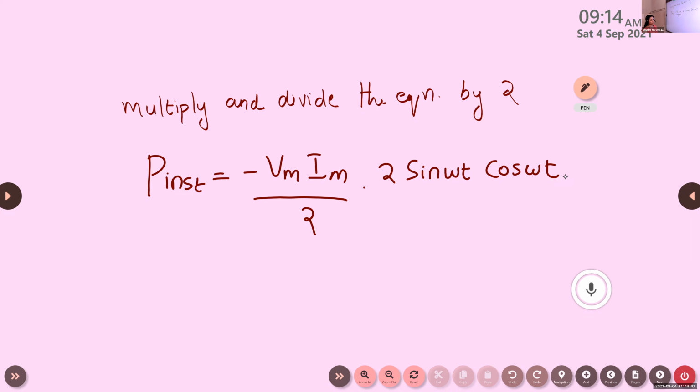Again in trigonometry, what is 2 sine theta cos theta? Yes, that is equal to sine 2 theta.